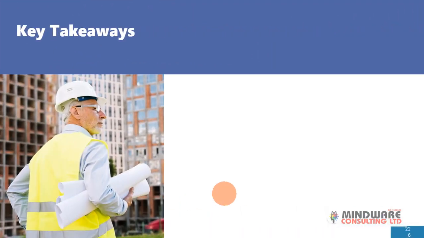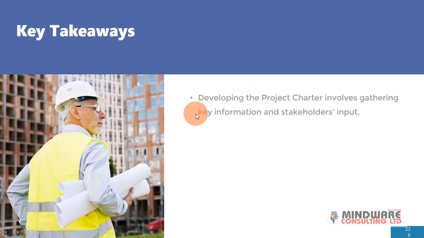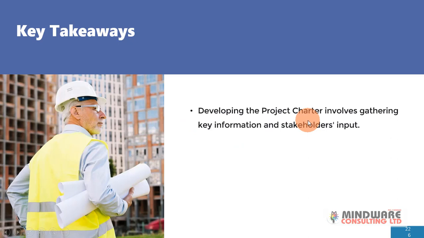So what are the key takeaways from this section? Firstly, developing the project charter involves gathering key information and stakeholders' input. So that's very, very important. The first thing you want to do in developing a project charter is to gather key information and get input from your stakeholders. This will go a long way in shaping and forming the project expectations as well as the deliverables.